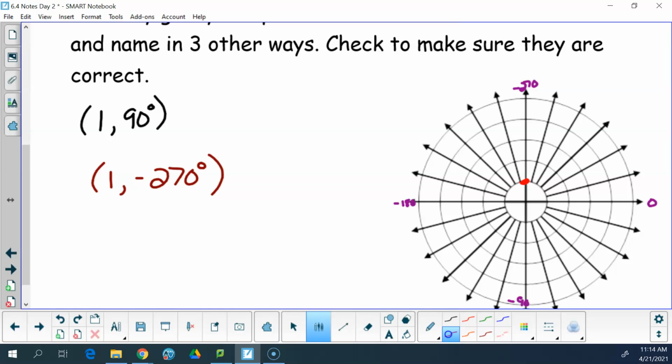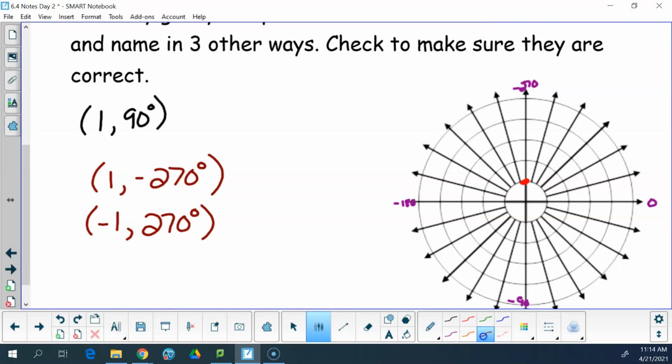Because we went the negative direction around the unit circle. Okay? Then I need a negative positive. So a negative positive would be negative 1, positive 270 degrees, because I would need to be going straight down, but then I would go the opposite way through the pole because of the negative r value.